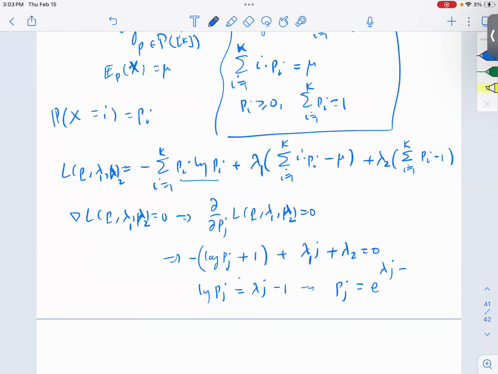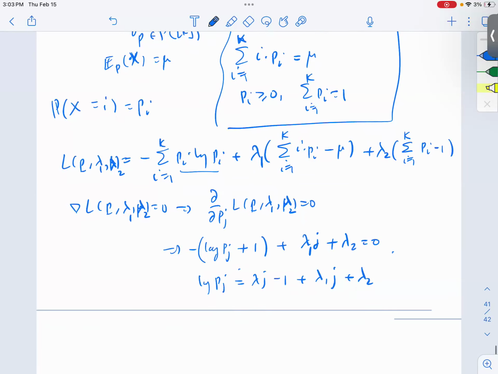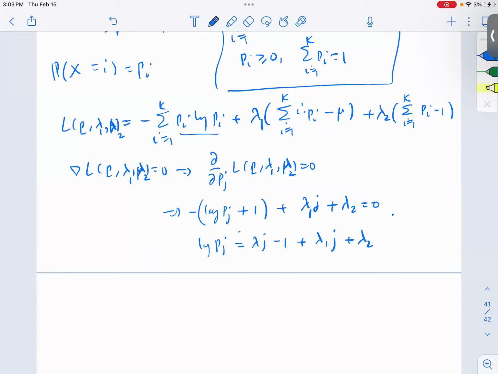So then Pj would be e to the negative lambda 1 j minus lambda 2 minus 1.